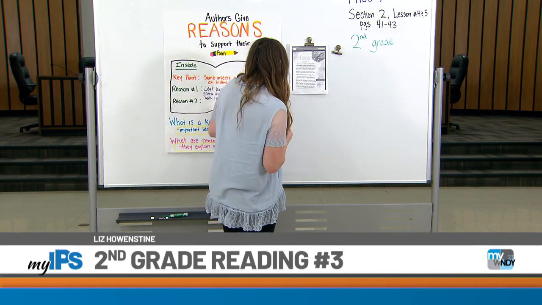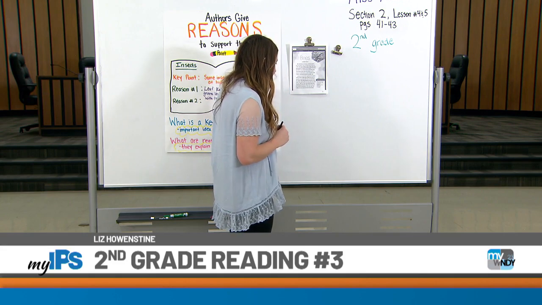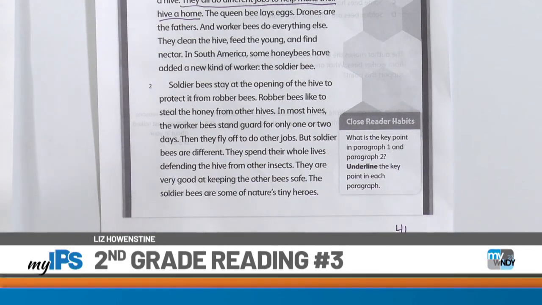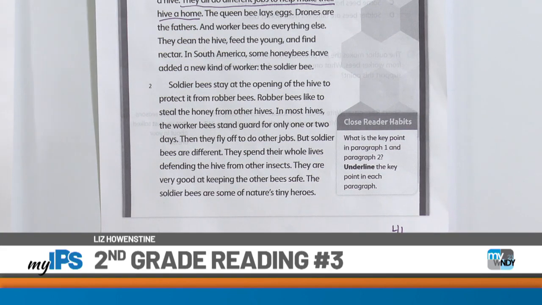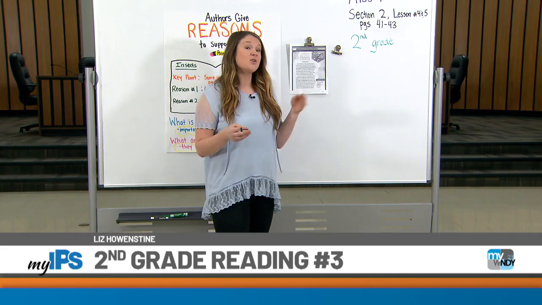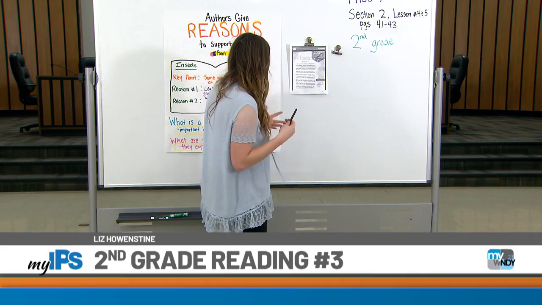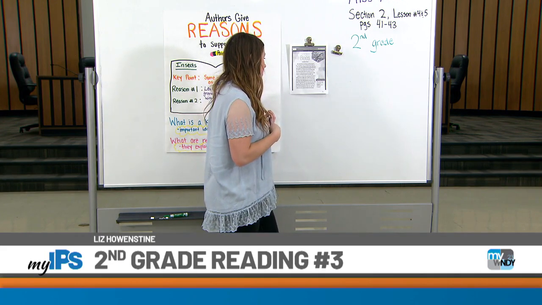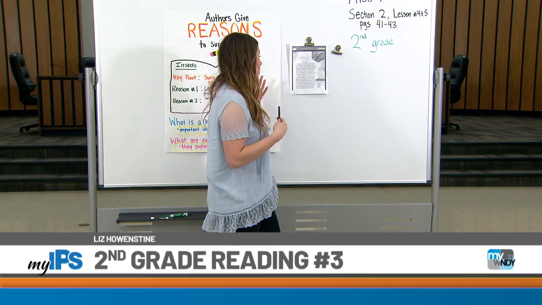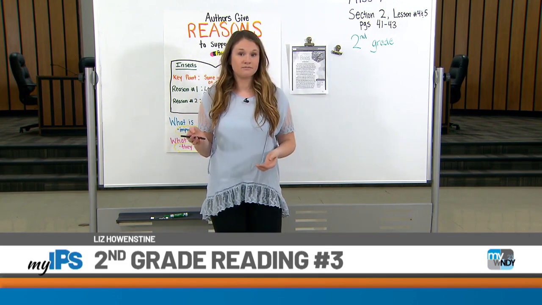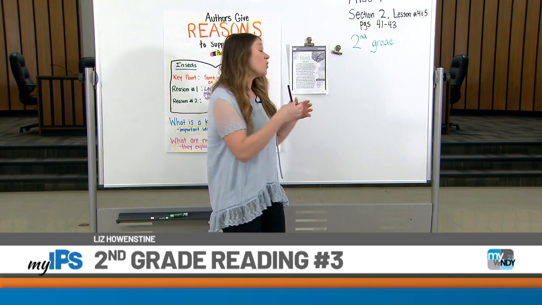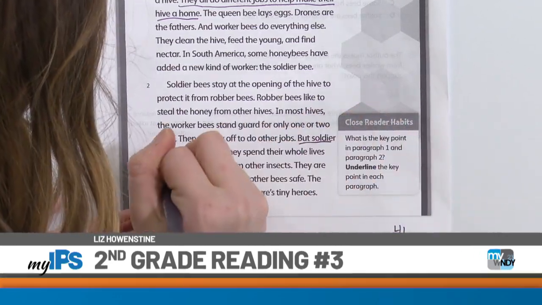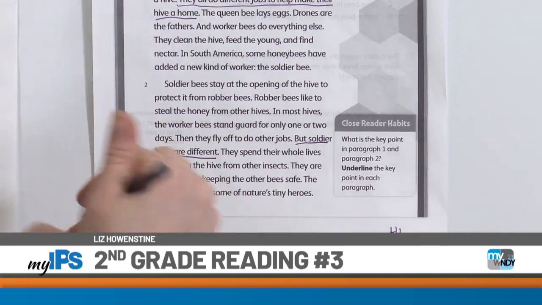So we could underline where it says soldier bees are different. Then we can back it up by supporting with reasons. The reasons would be that they spend their whole lives defending the hive and they are keeping other bees safe. That's different. So that helps us see soldier bees are different. So that would be our key point.